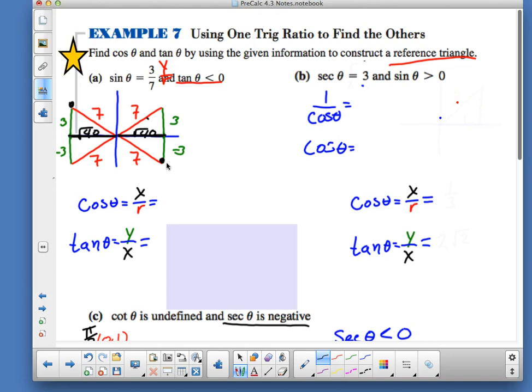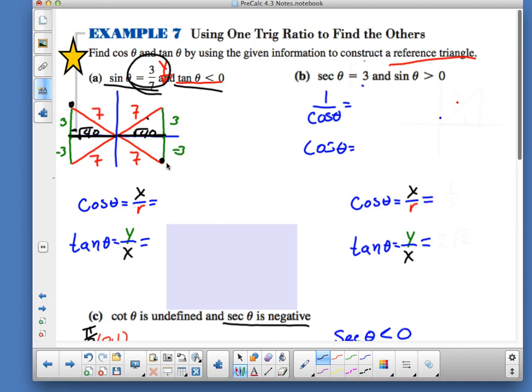So based on the information from this problem, I went from 4 possible reference triangles, because I had a 3 and a 7, and I had this, and this should be a negative, by the way, negative square root of 40. I found out that tangent theta is negative. Well, I know tangent theta is negative when sine and cosine have different signs. I further know that I had a positive sine value.